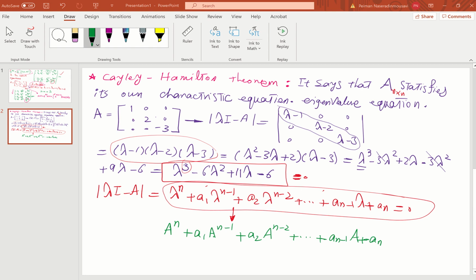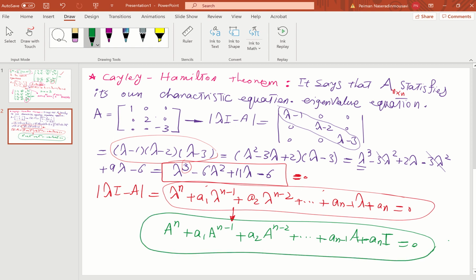You cannot leave it as 1 because you are dealing with matrices here, so it is I. So any square matrix satisfies its own characteristic equation.